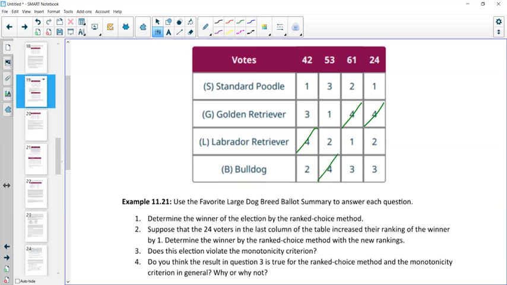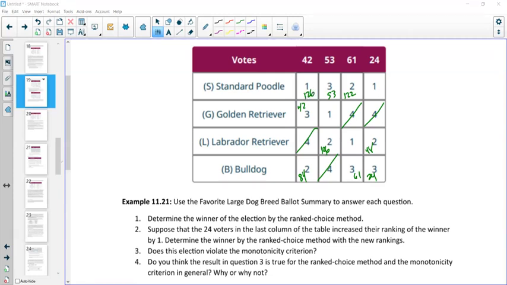Third place gets 1 times 42, 1 times 53, 1 times 61, and 1 times 24. Second place gets 2 times 42, 2 times 53, 2 times 61, 2 times 24. And then we do the threes.